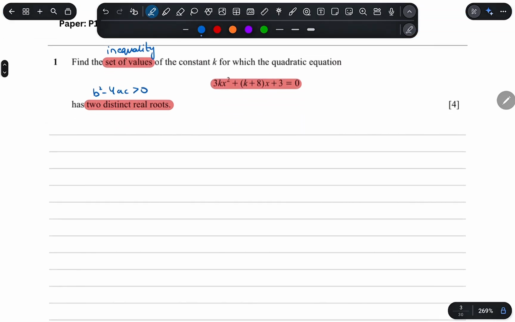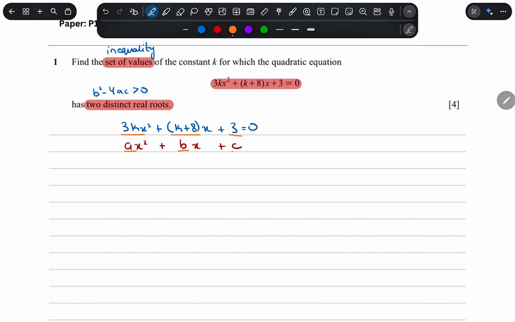So if we write down our equation, which is 3kx squared plus (k plus 8)x plus 3 equals 0. If we compare it with the general form of the quadratic equation, which is ax squared plus bx plus c, then we can see that we have our a, we have our b, and we have our c.